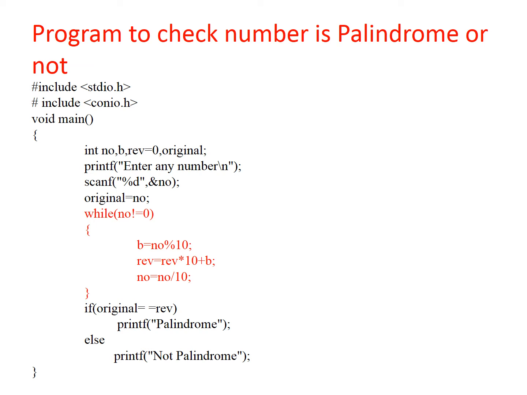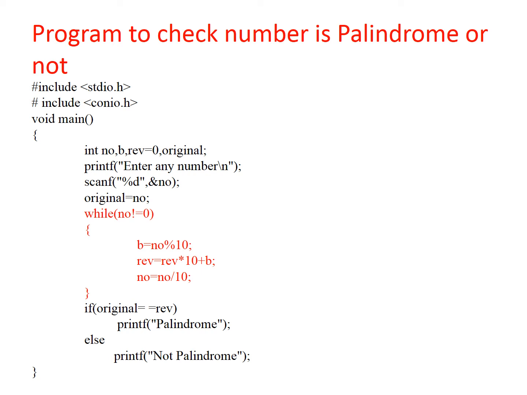Now temporarily I have transferred this original number into another variable whose name is original. Now with the help of a while loop, I am checking whether the number is a palindrome or not. For this I have used the while loop to check whether the number has ended or not.